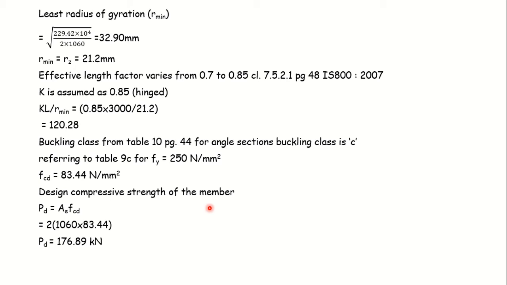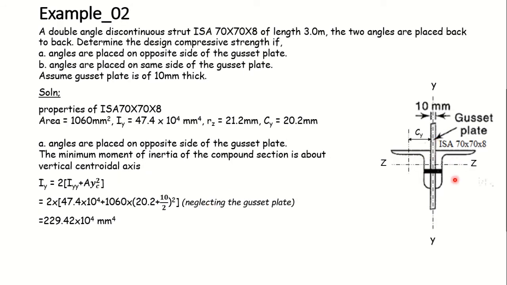So this is for the first case, when we had the two angle sections placed on opposite sides of the gusset plate. For this we calculated the radius of gyration about the y-axis by applying the parallel axis theorem, and we also calculated the radius of gyration about the z-axis.